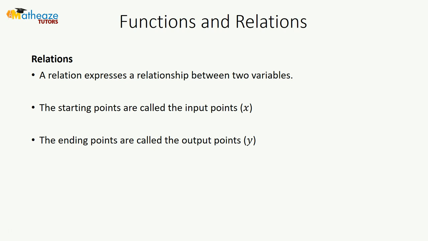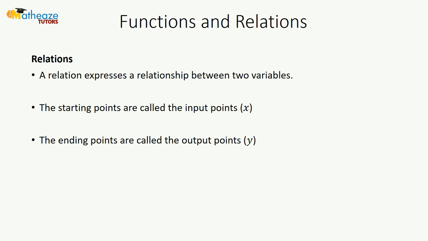Now, a relation expresses a relationship between two variables. The input variable, or the starting variable, is called x. The end points, or the ending variables, are called the output variables.